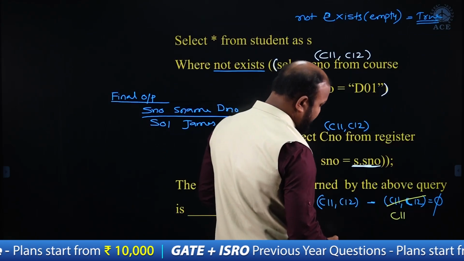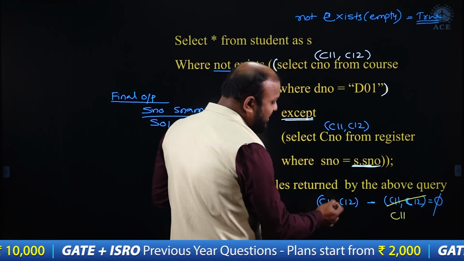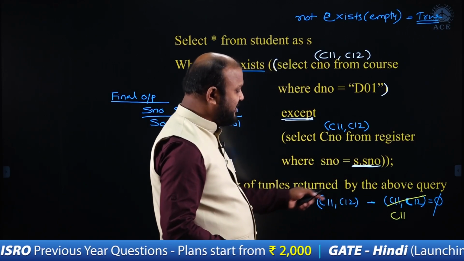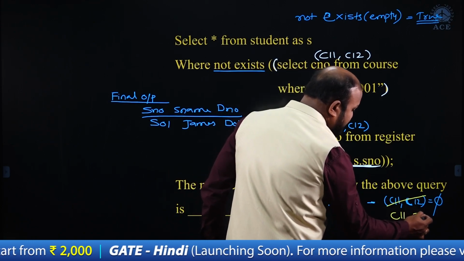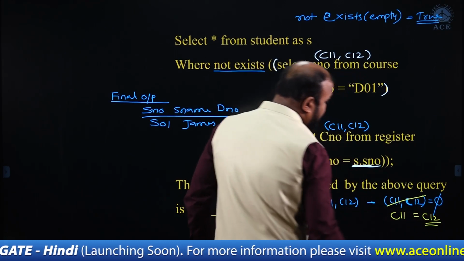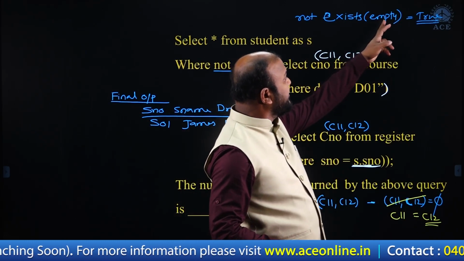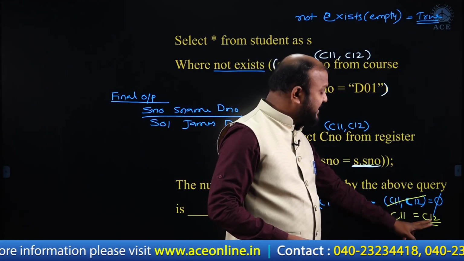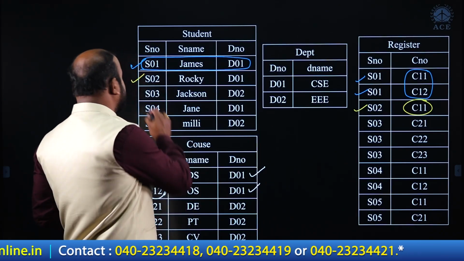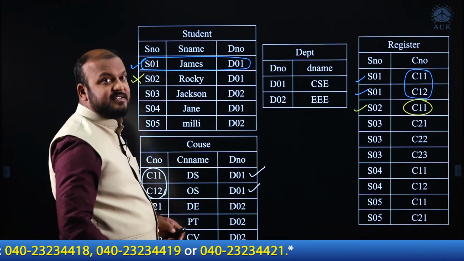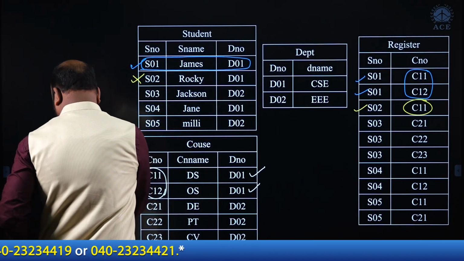It is C11. Now, look at C11 minus C12. C11 minus C12 will give you what? C12. Now, not exists operator on an empty set only returns true, but you are getting a result, so it is going to return false. Because it is returning false, this S02 Rocky D01 is not going to be in the output.